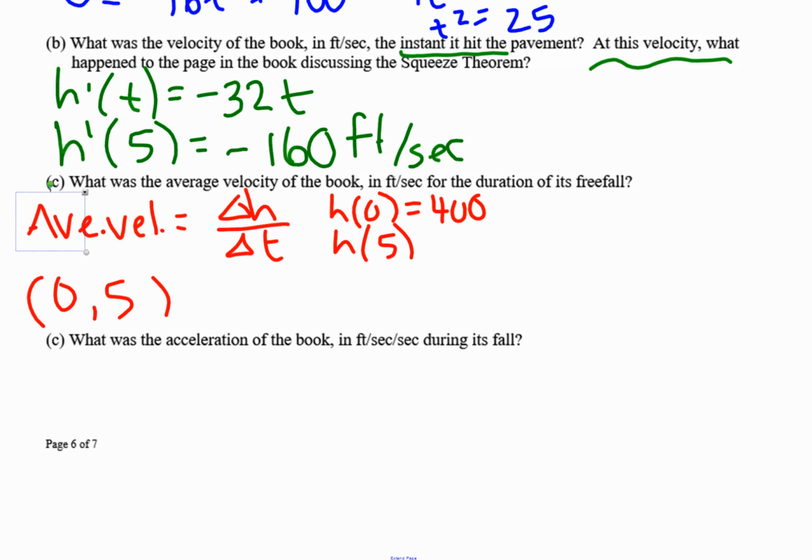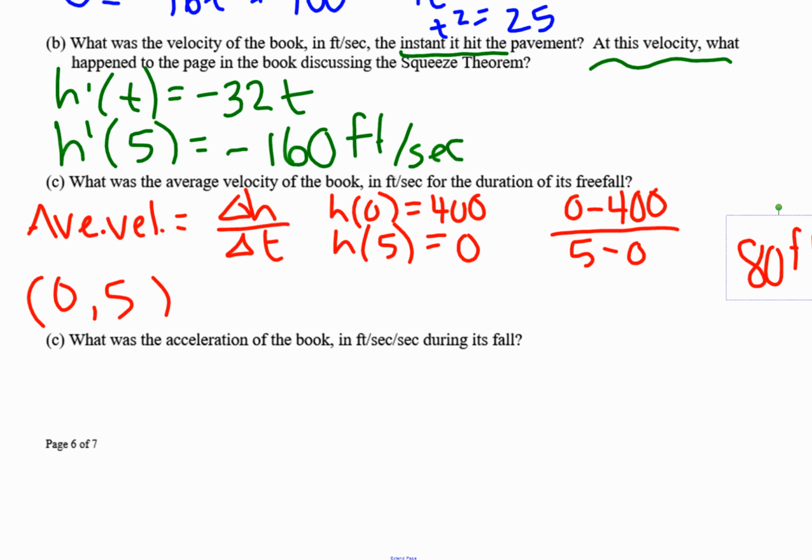H of 5, we didn't figure that out yet, did we? Yes, we did. It's 0. Okay, so we have our change in position. We're going to have 0 minus 400 over 5 minus 0. And that would give us 80 feet per second as our average velocity.